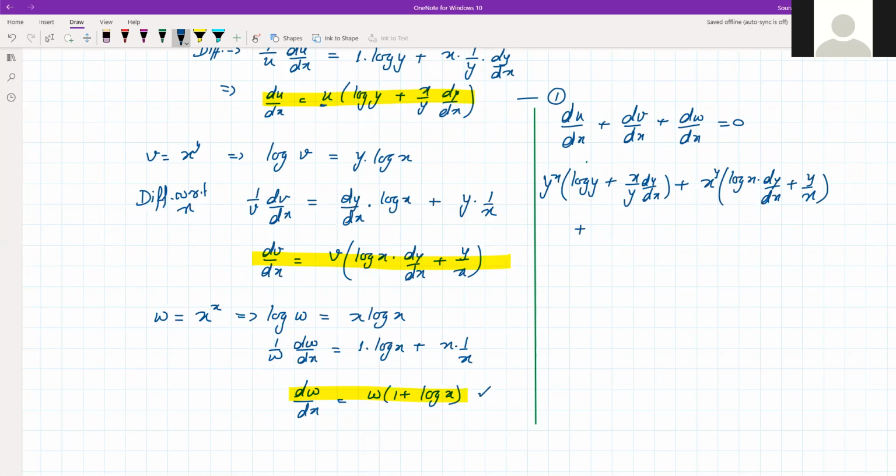So dw by dx is w, and w is x to the power x into 1 plus log x. Now this entire sum is equal to 0.